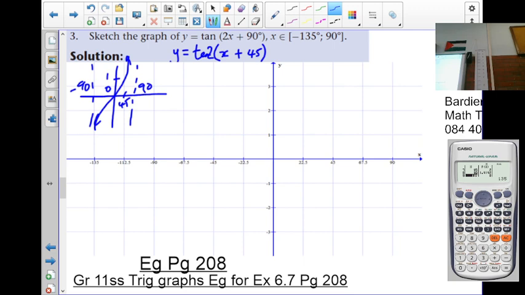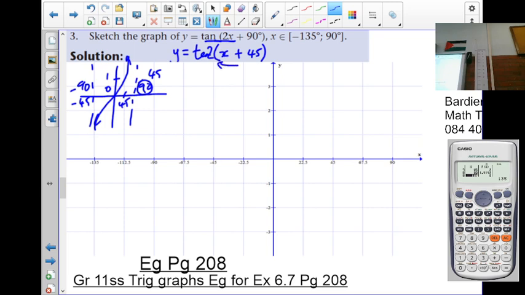So, if the graph is 2x, then this is now at 45 and at negative 45. Not so. Then the graph moves 45 degrees to the left as its additive inverse.